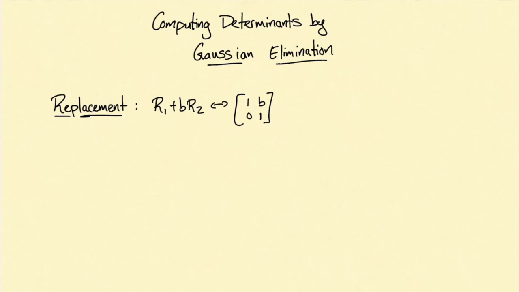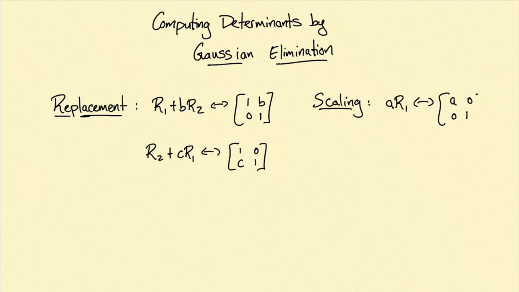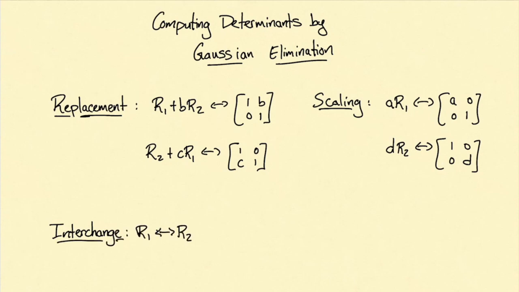And if we want to add C times row 1 to row 2, we can use the lower triangular matrix with columns (1, C) and (0, 1). We can also scale any of our rows, either the first row by A or the second row by D, using a diagonal matrix. And finally, for interchange, we simply interchange the first row and the second row of the identity matrix.